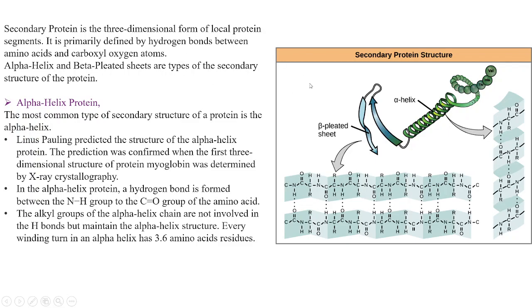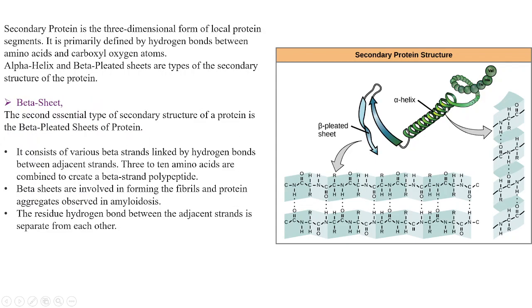This happens because in the alpha helix a hydrogen bond is formed between the NH and the CO group of the amino acid, and every winding turn of the alpha helix has 3.6 amino acid residues, while a beta sheet consists of various beta strands, also linked by hydrogen bonds between adjacent strands, and 3 to 10 amino acids are combined to create a beta strand polypeptide. Beta strands we generally see in fibrils and protein aggregates in amyloidosis, and these are secondary structure. This is not the tertiary structure, definitely not.